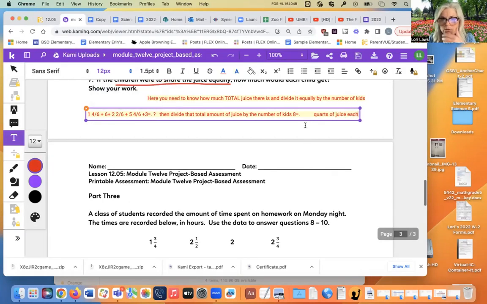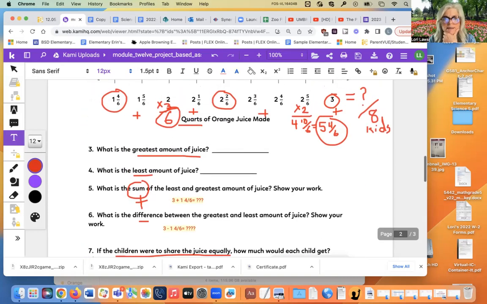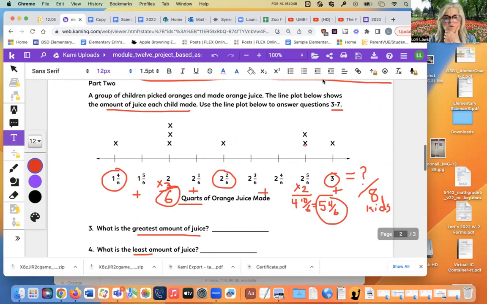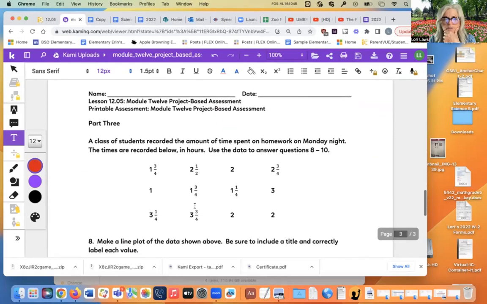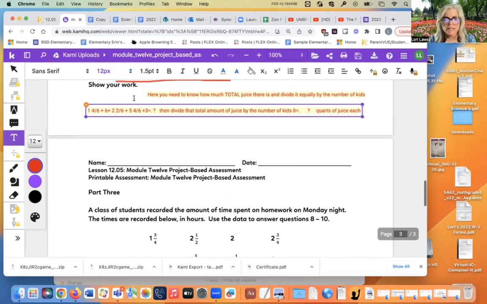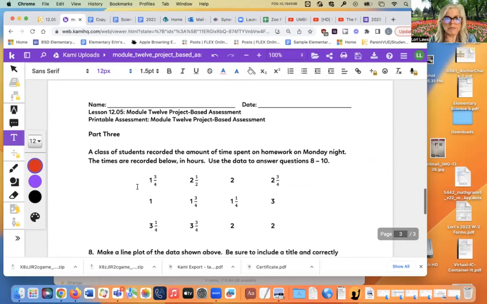So we don't know what the answer is, but you guys can do the math. I'm not going to leave this here. I'm just demonstrating it for you. So you would have to add up all the juice, figure out how many quarts of juice, and then divide it by the number of kids to figure out how much each kid gets. So that's a hard one.